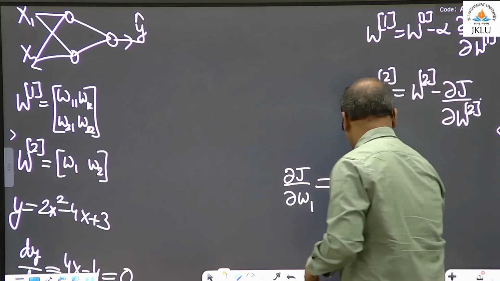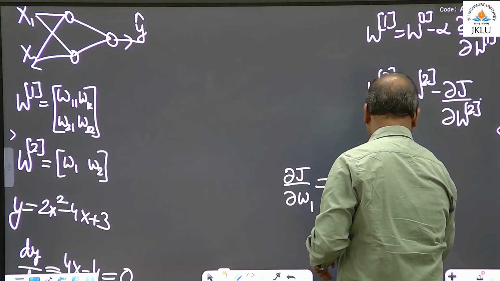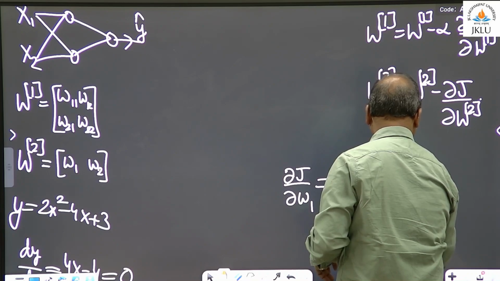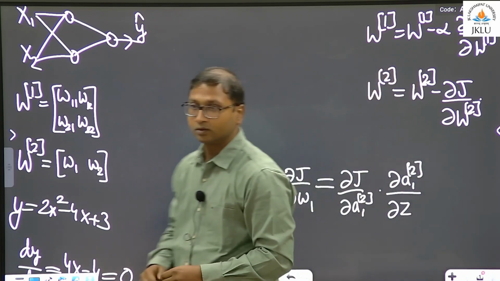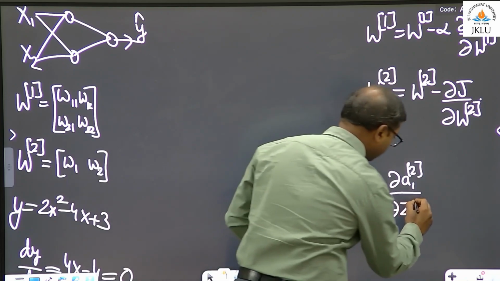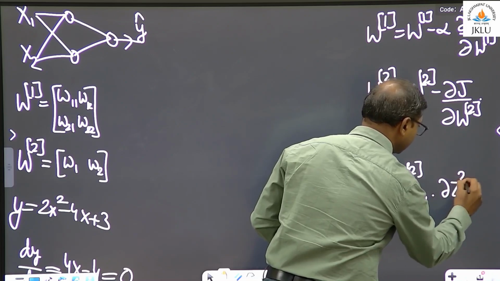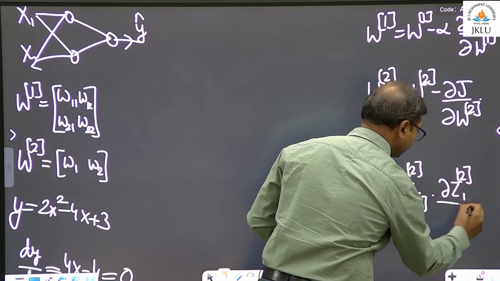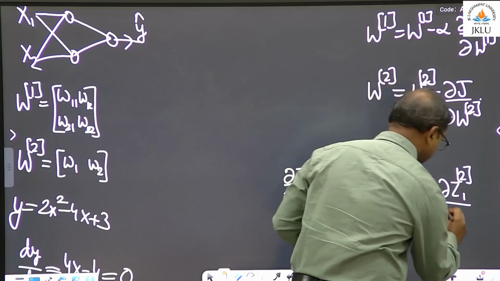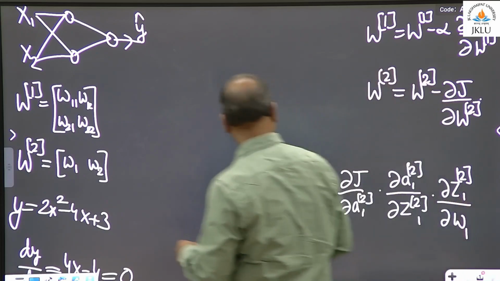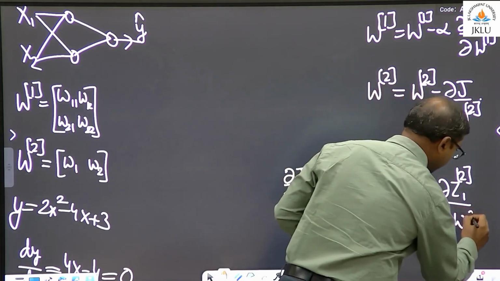A21, dot, del A21 by del Z21, dot, del Z21 by del W. Maybe I should write this one as well, so that there is absolutely no confusion at all.